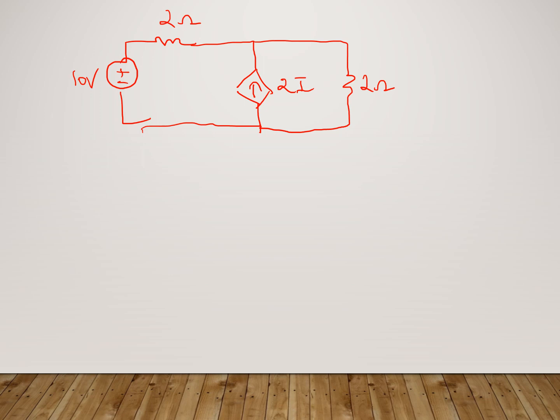Now, the point to be noted is that 2I is a current source which depends upon a current. So it's a current-dependent current source. This current I is flowing through the 2 ohm resistor. To solve the circuit, we can use different techniques.